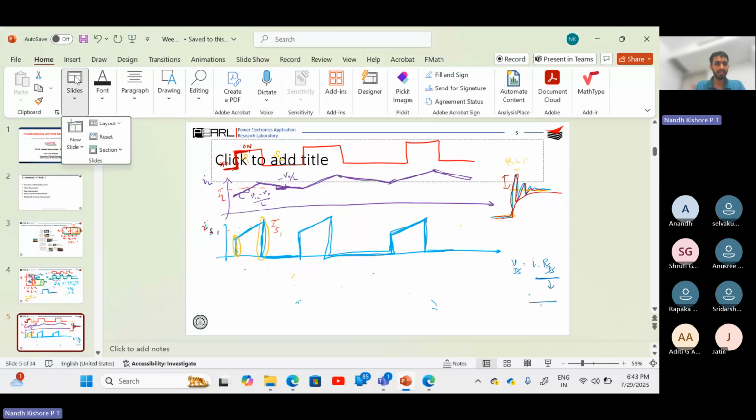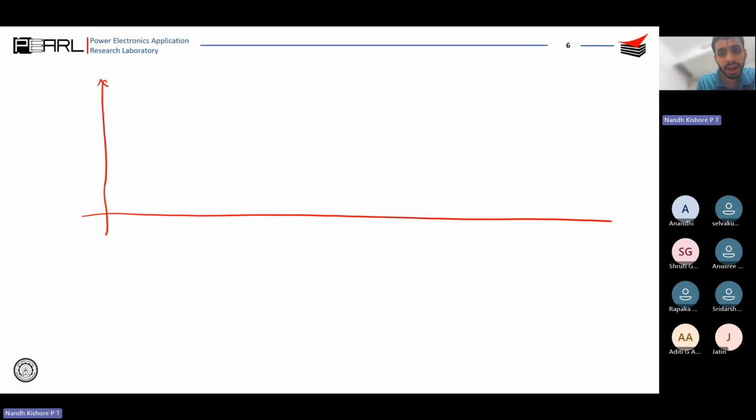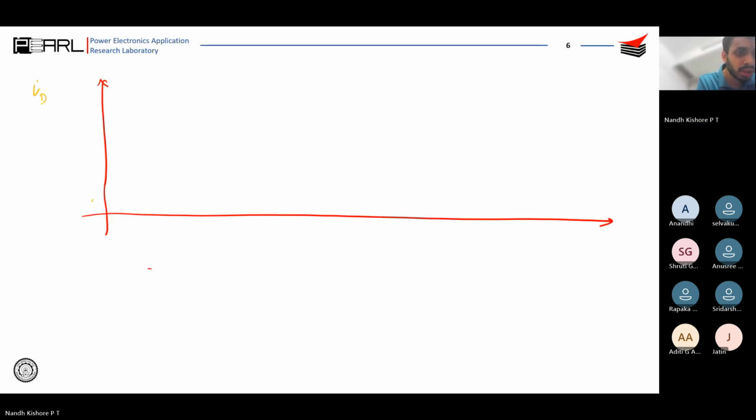And the other part is, again I will go back to the device current and device voltage waveforms. So let me draw IDS and VDS in the same graph now, right? IDS is something like this, correct?